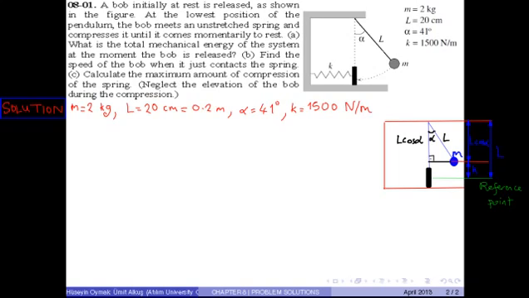To find the initial height of the bob, we take the reference point as this point, and from this geometry, the initial height of the bob is calculated to be h equals L minus L times cosine alpha, or L times 1 minus cosine alpha.